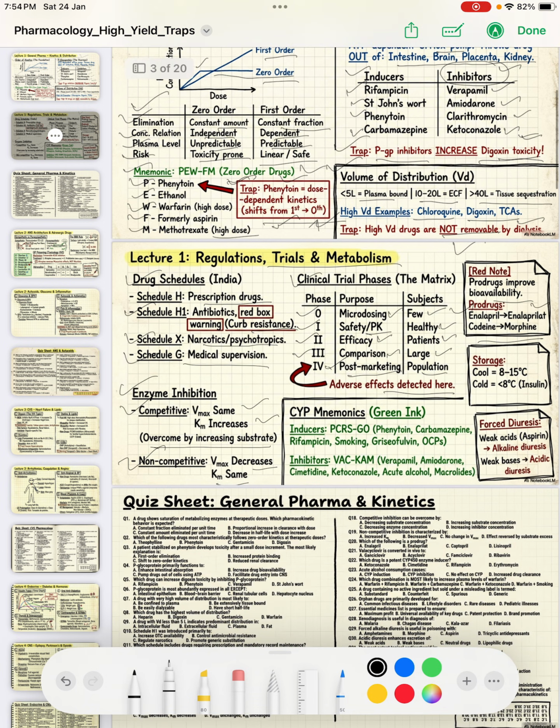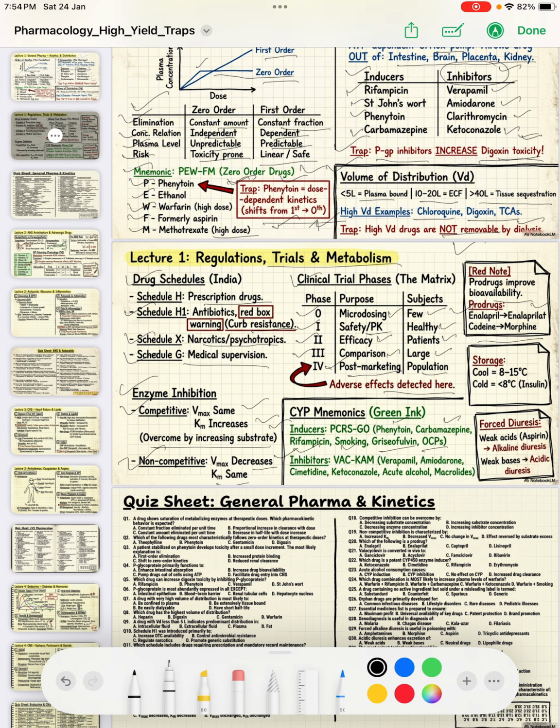And what are the CYP mnemonics? For the inducers, it is PCRS GO. P stands for phenytoin, C for carbamazepine, R for rifampicin, S for smoking, G for griseofulvin, and O for oral contraceptive pills.